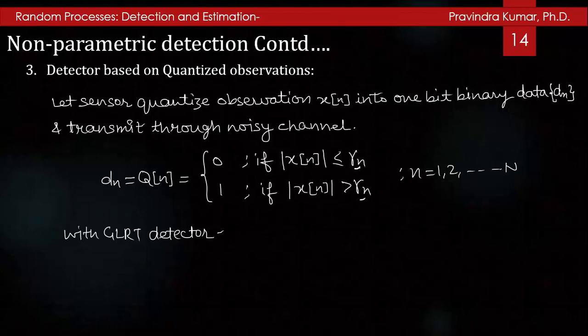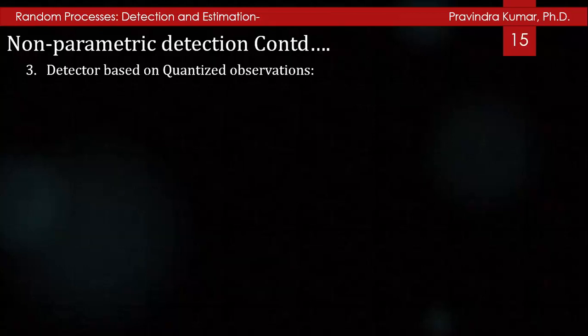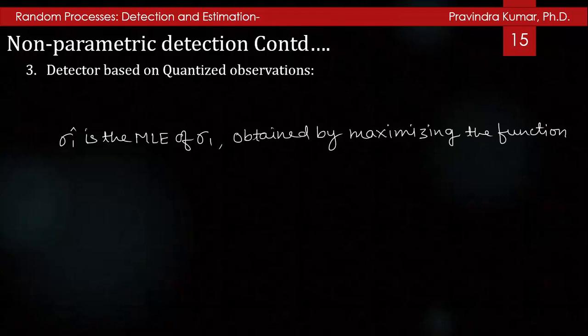If we perform GLRT here, then the GLRT detector gives the test statistic p(x; sigma 1 cap) divided by p(x; sigma naught), compared against a threshold value gamma. Here sigma 1 cap is the MLE, the maximum likelihood estimator of sigma 1, and it is obtained by maximizing the PDF under hypothesis H1 with respect to sigma 1.